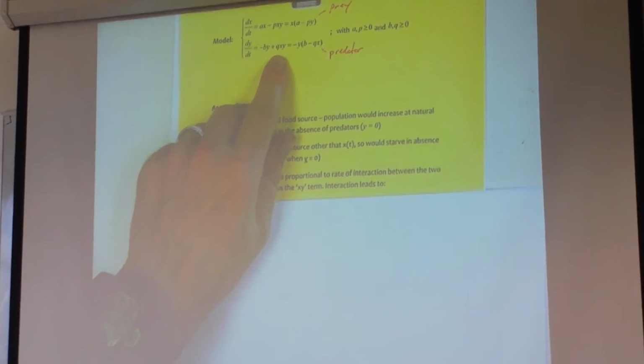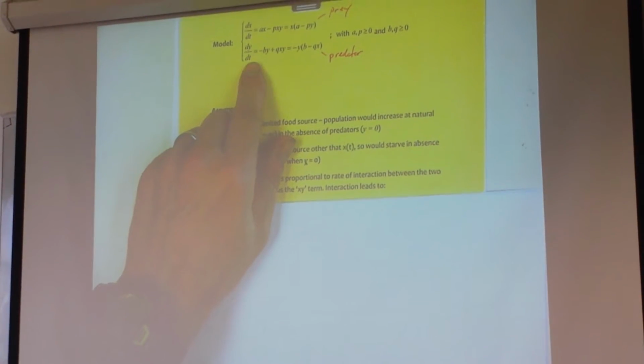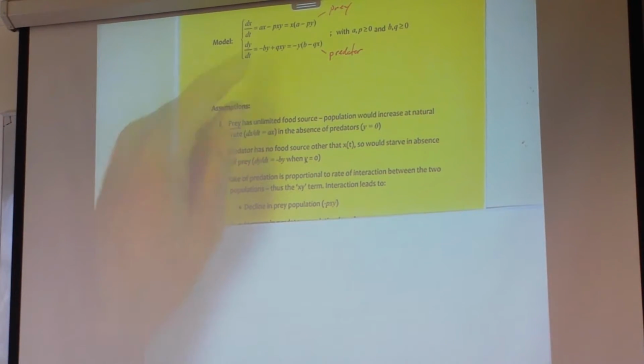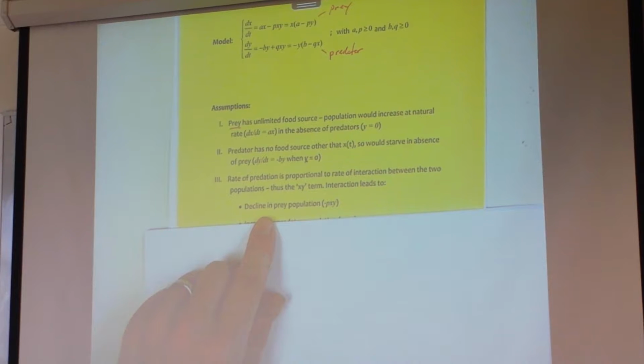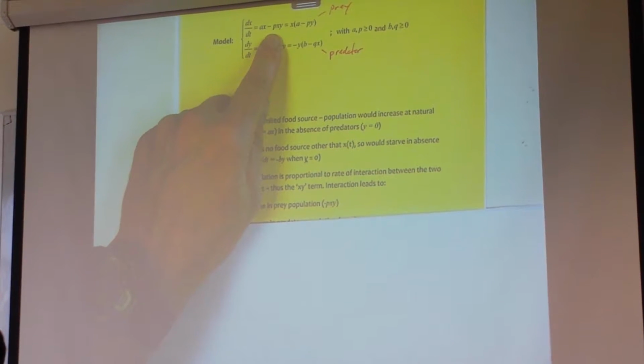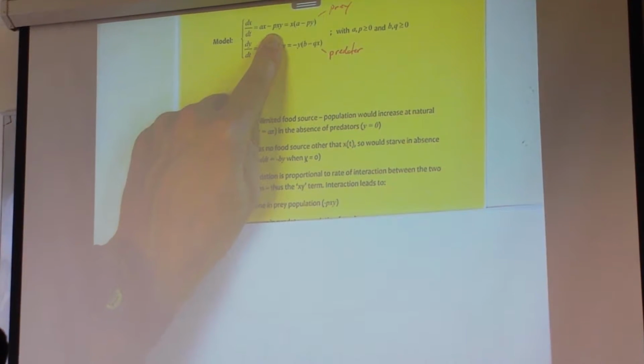We're adding a QXY. In other words, the more, that's positive, it's going to add to the population rate, positive growth rate. Okay? So interaction would lead to a decline in the prey population, thus a minus PXY, and P would just be some coefficient of the interaction.